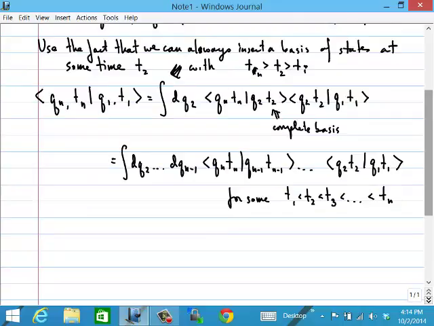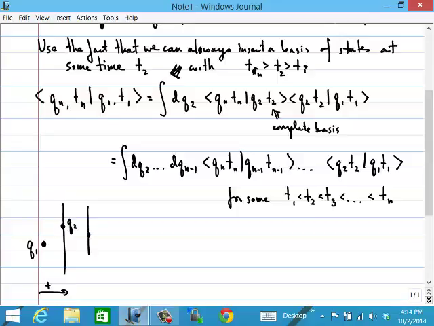So if you wanted to draw a little picture to go along with this, let's say that q is the position of your particle in, say, the x direction. Then you would start with a position here. Then q2 would be some intermediate position right there, which we would integrate over. So here time is increasing to the right.